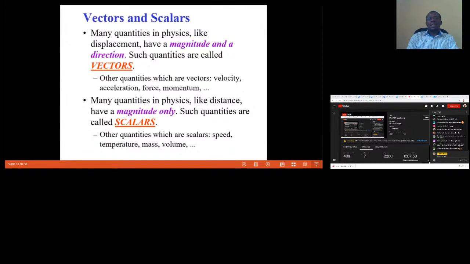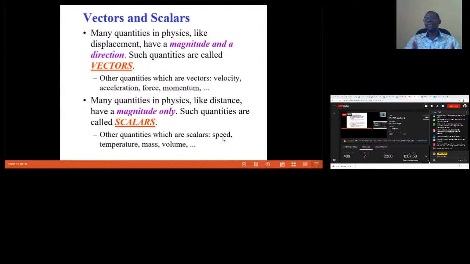Vector quantities and scalar quantities, I'll consider this as a revision from your high school work. Let me start with the scalar quantities. Scalar quantities only have magnitude. You cannot talk about the direction. Scalar quantities are quantities such as speed.